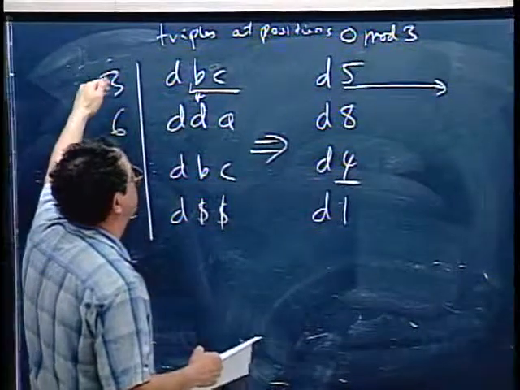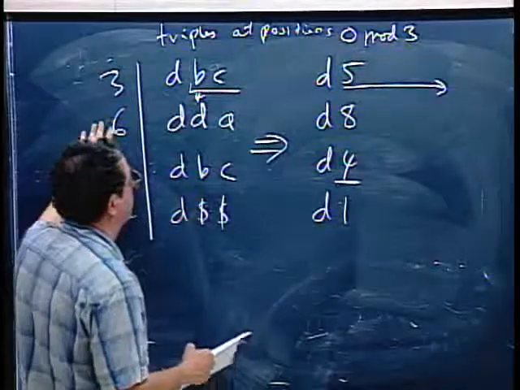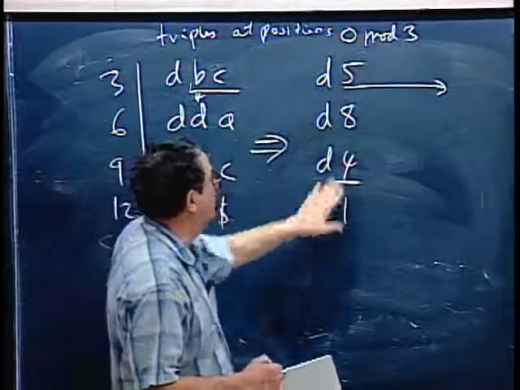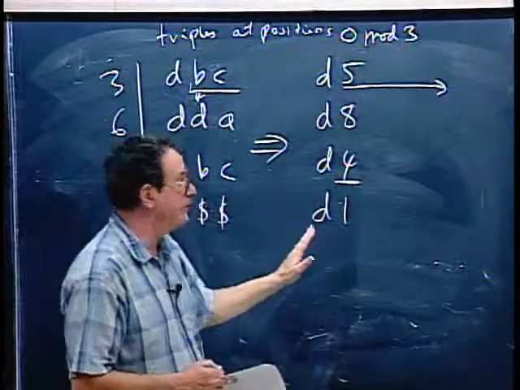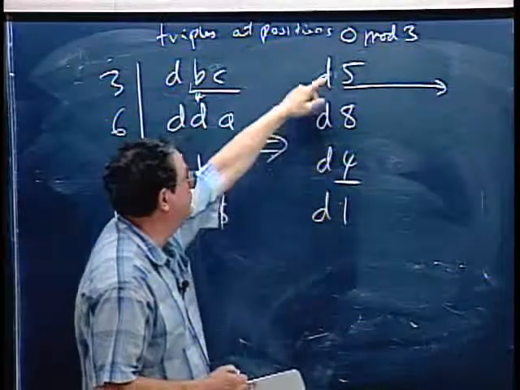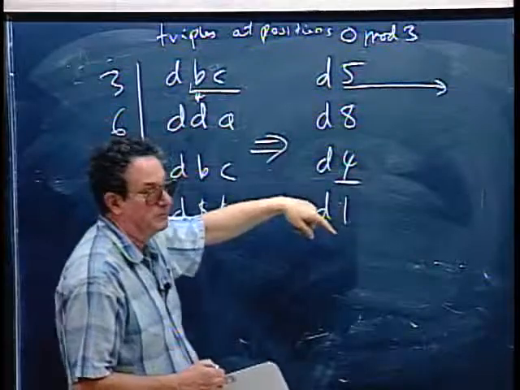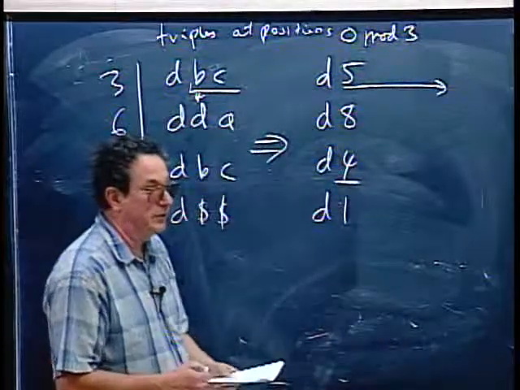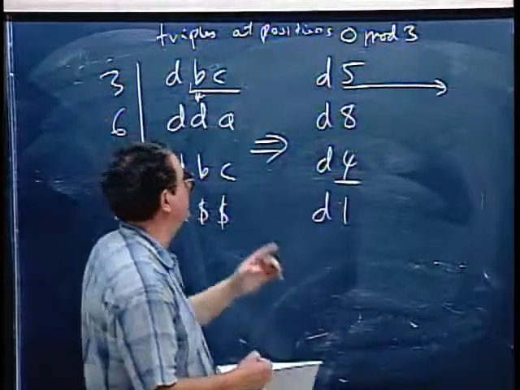There's the substrings that begin at position 0 mod 3. We've recoded them in 2 characters, okay? Just 2 characters. And these numbers, there are no ties for these numbers because these are position numbers in a suffix array. Okay, so no ties for those.